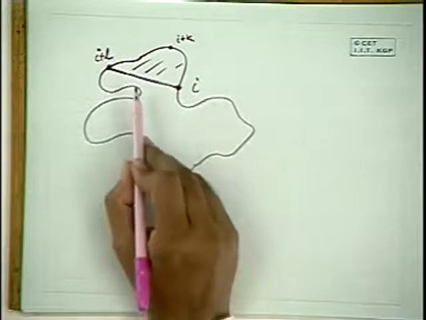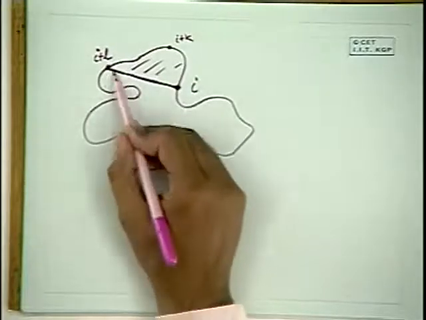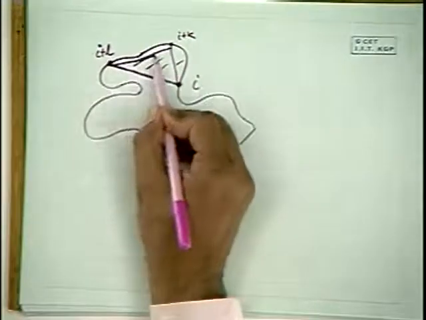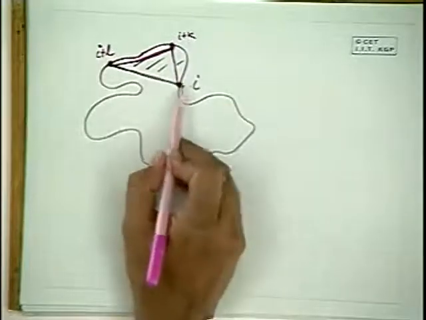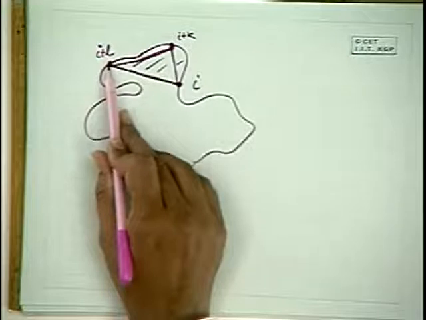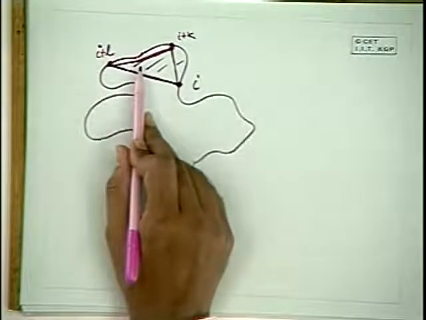So I am looking at the optimal triangulation of this subpolygon, and suppose this one has this triangle, I, I plus k and I plus L. So this triangle is present in the optimal triangulation of this subpolygon.